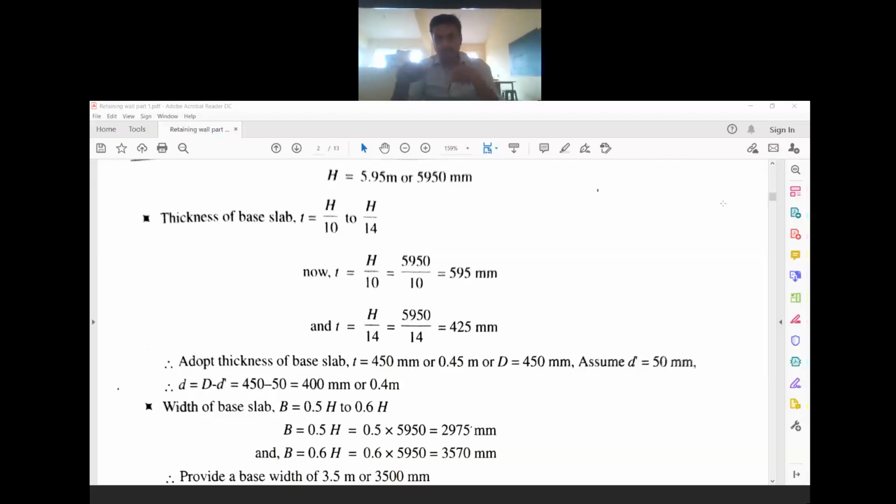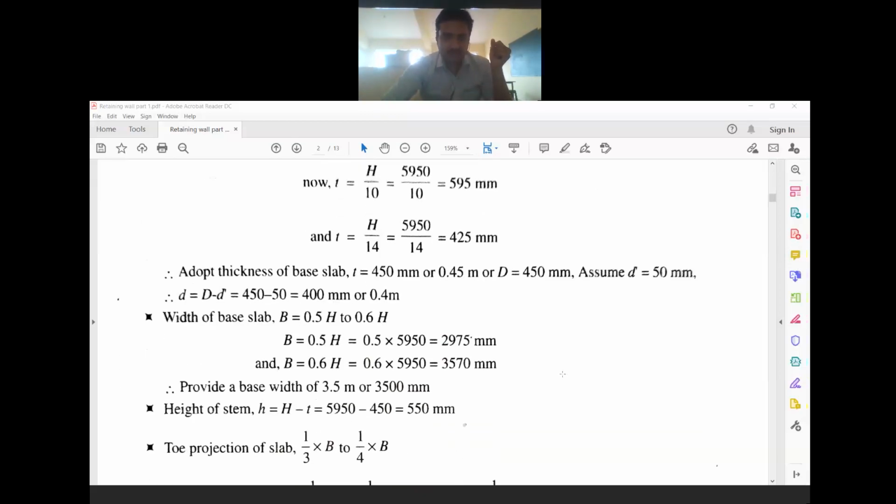one. Okay. If I take h by 10, I will find it as 595 mm. If I take h by 14, I will get it as 425 mm. So we can assume any value in between 595 and 425. In this example, in this textbook, they have adopted thickness of base slab as 450 mm.